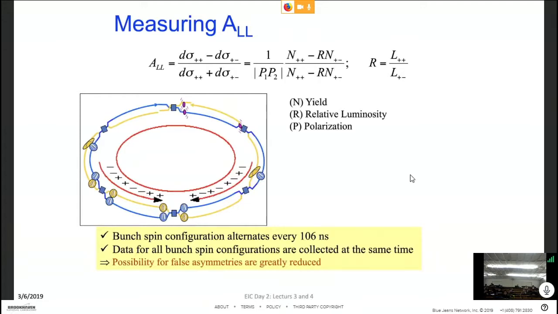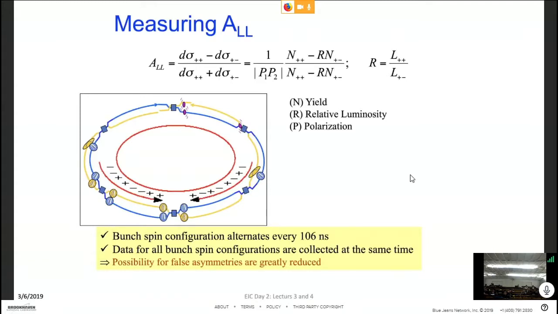Remember, in the fixed target experiment, that changed every 20 minutes and every 1 day. That means the detector could change between those spin flips. And I told you, the more often you can change the spin in these experiments, the better control you have on the spin experiments, so the false asymmetries can be smaller and smaller.